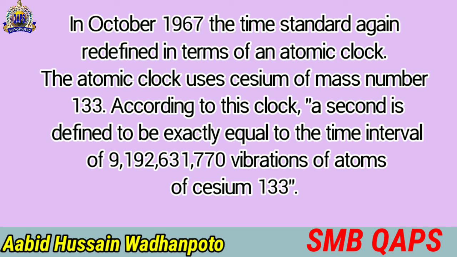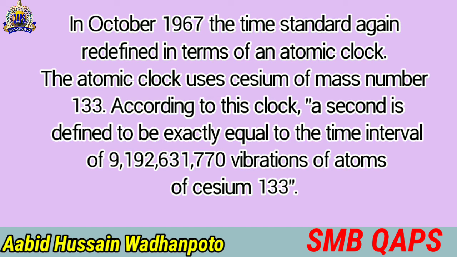Two cesium clocks running for a period of 300,000 years will differ by only 1 second. It was the most accurate way to calculate time all over the world. But the scientists thought there must be an accurate standard unit for time.